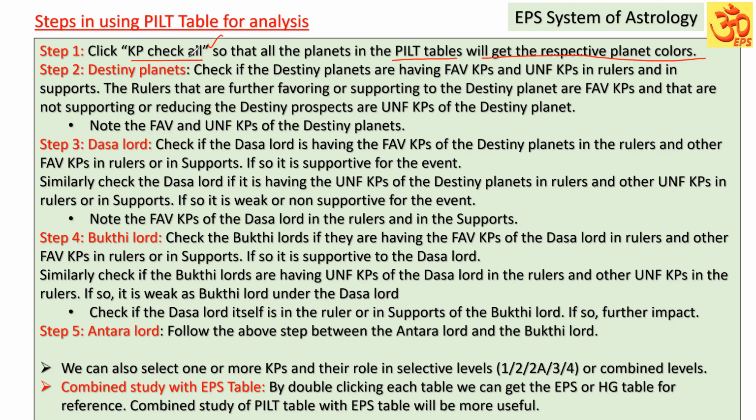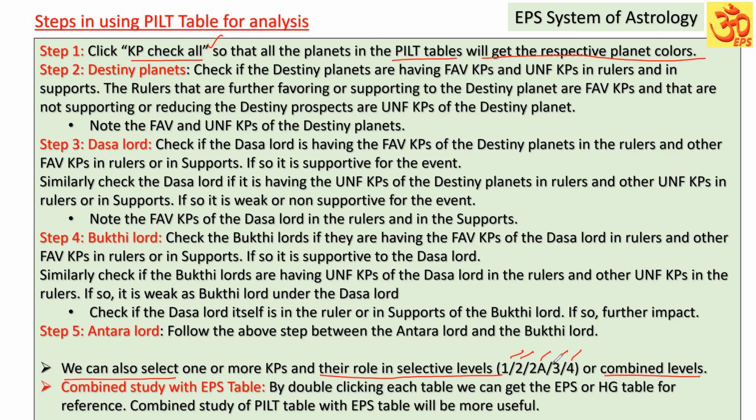One more thing I have to tell: there are options within KP check all also. All levels you can check at once, or if you want to check individual levels, or not all planets, I want to check the role of some planets only at some levels. That I have given at the bottom; we can select one or more key planets and their role in selective levels, the first or second or third or fourth level, or combined levels.